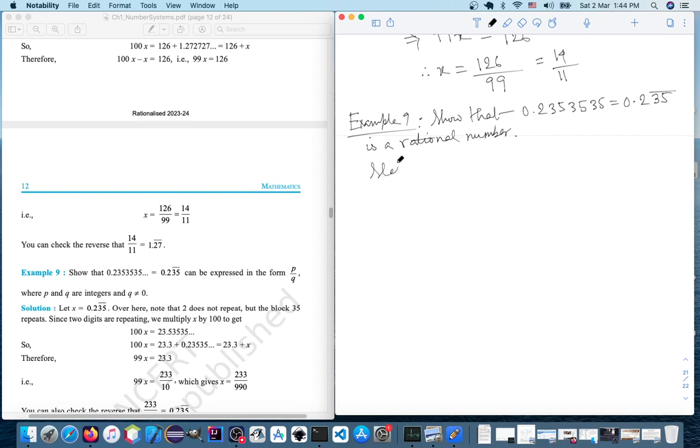So the steps: 1, we write x equals the given number, that is 0.2353535..., where 35 is repeating.